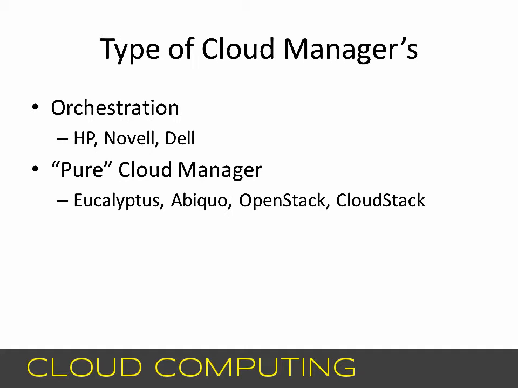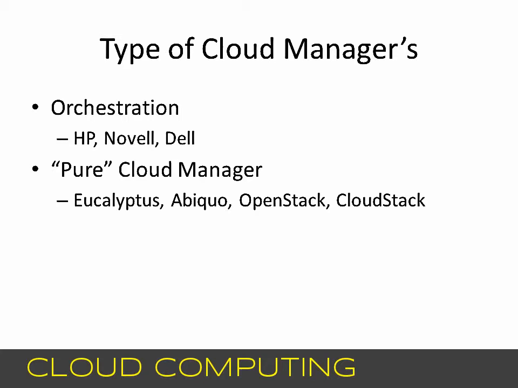These solutions take that out of the mix and allow you to automate the data center. Those are really great solutions, and what these companies have done is basically take these solutions and bolt a cloud manager interface on top of them to allow you to have that automation as well as those components of a cloud manager that we need to offer shared infrastructures to a set of cloud customers.